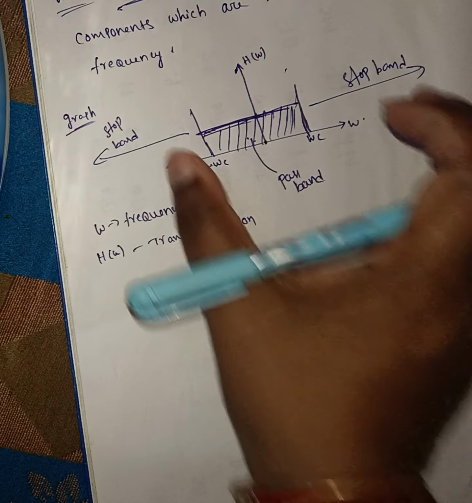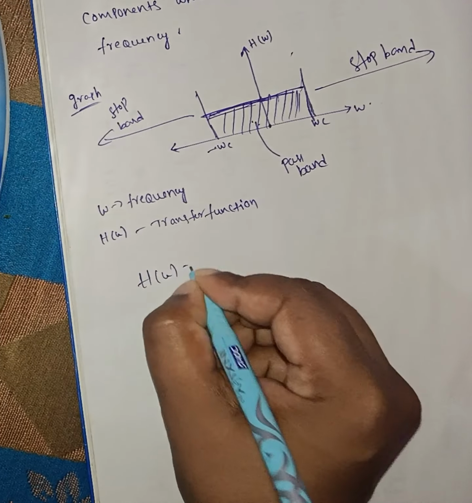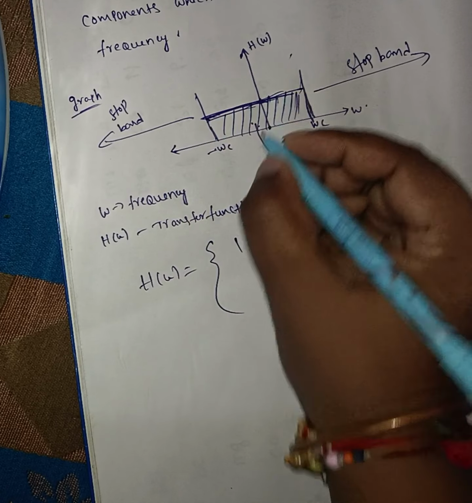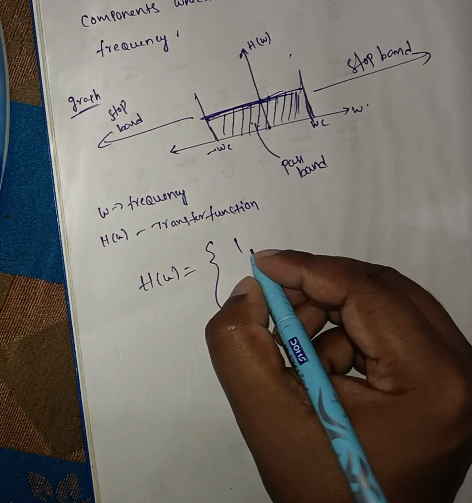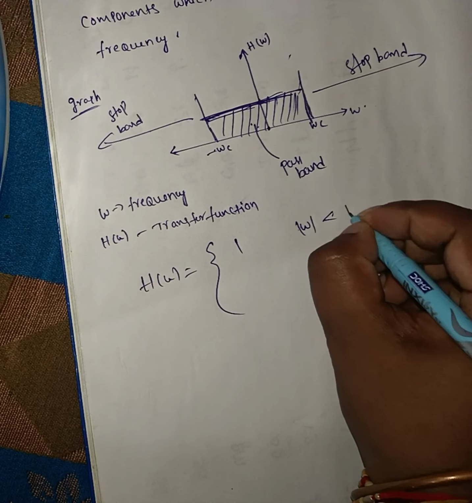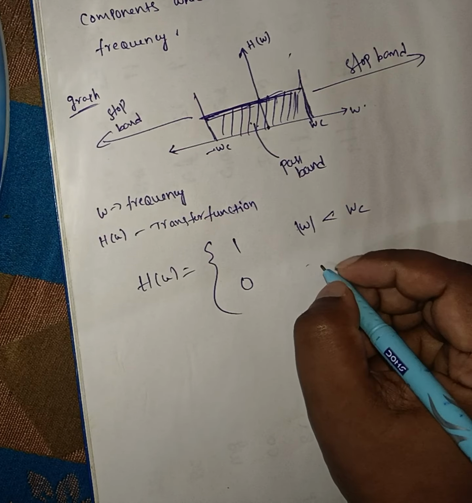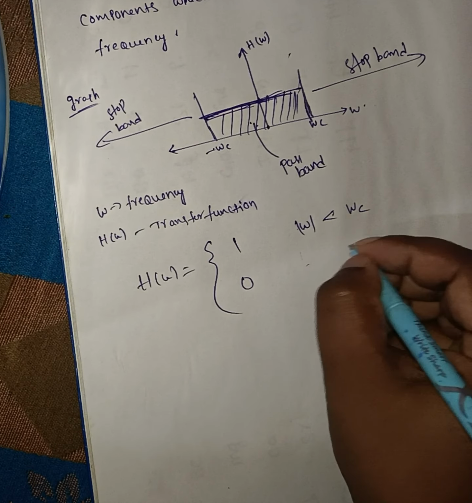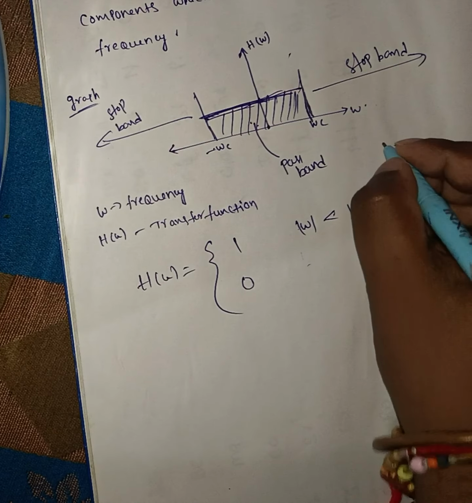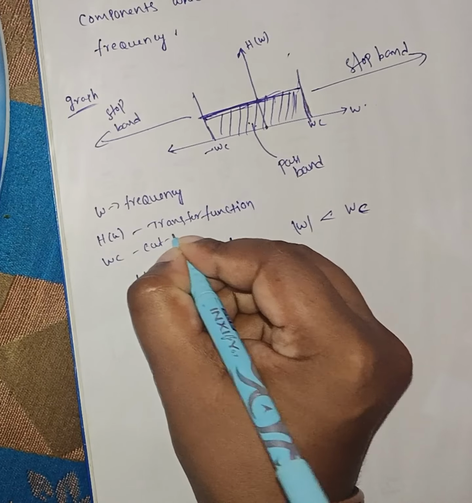So from this, how to write the equation? H of omega is equal to 1 when the modulus of omega is less than or equal to omega c, and 0 otherwise, that is when modulus of omega is greater than omega c. Omega c is nothing but the cutoff frequency here.